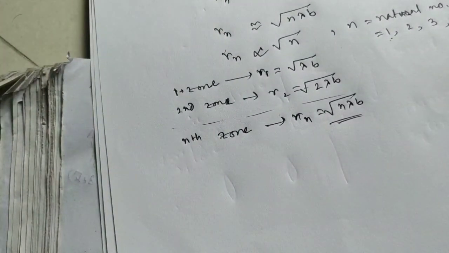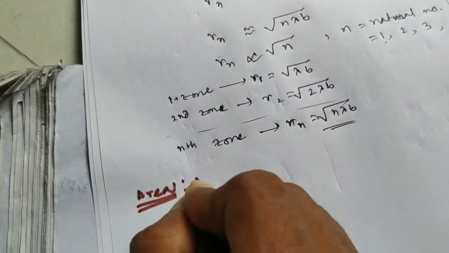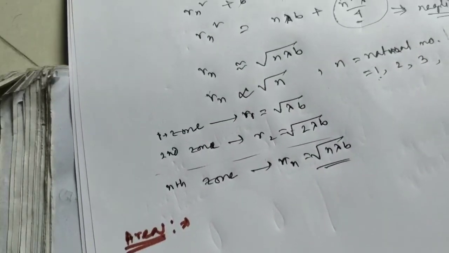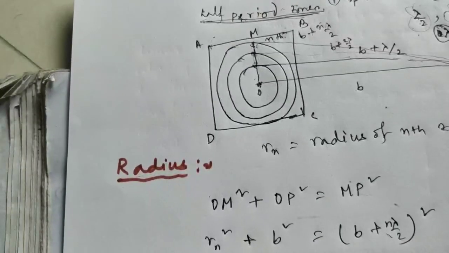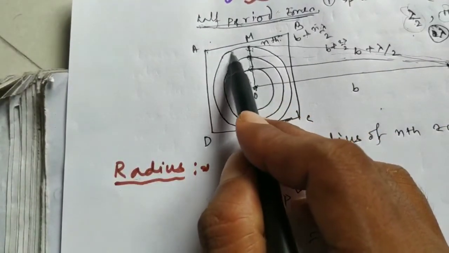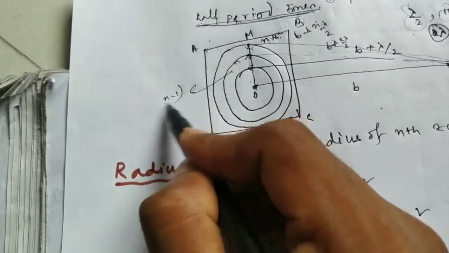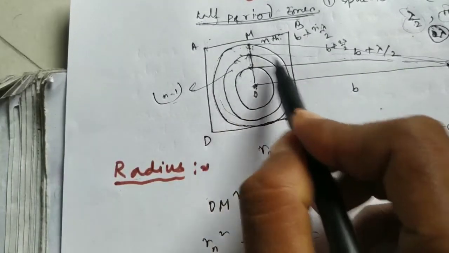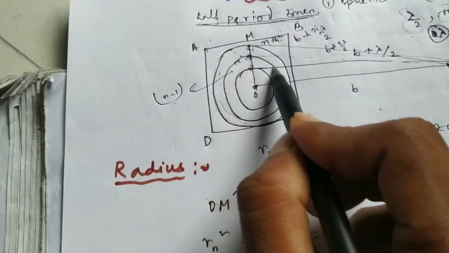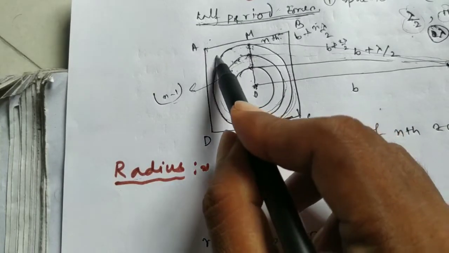And now if we calculate the area of the zones, suppose this is the nth zone, and this is the n minus 1 zone.